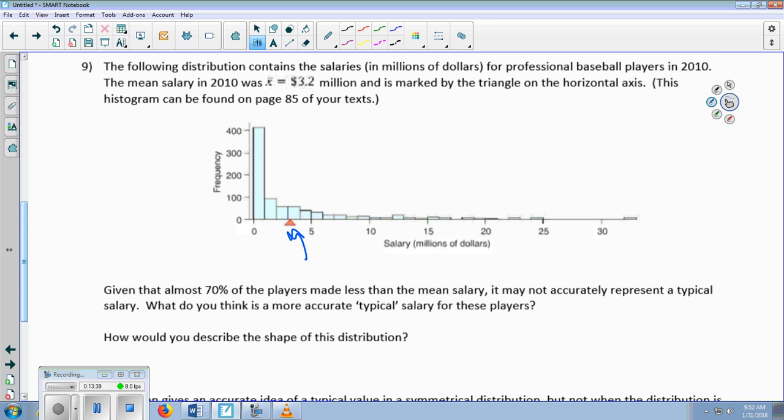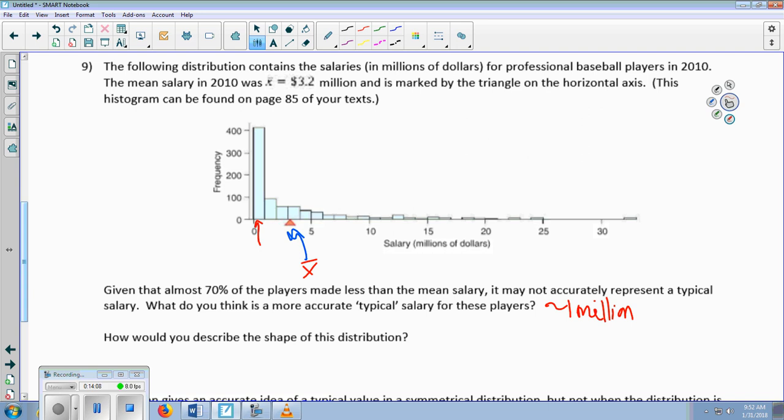That's probably not that great. It looks more like a typical salary of a baseball player might be less than 1 million or around 1 million, right? Probably closer to like 1 million we can put here. So the average or the mean, this is our X bar here, doesn't appear to be a good way to represent the typical salary.